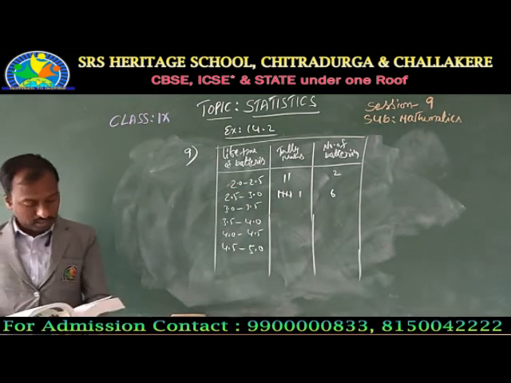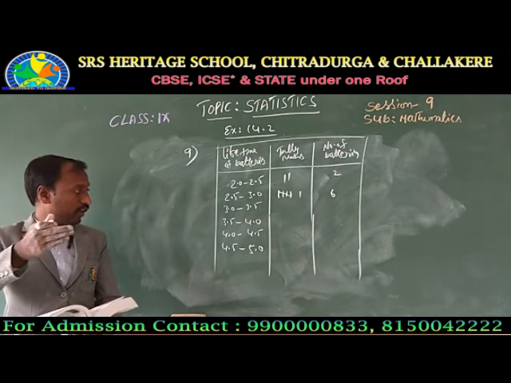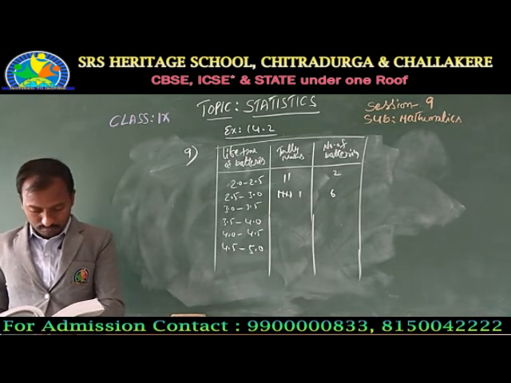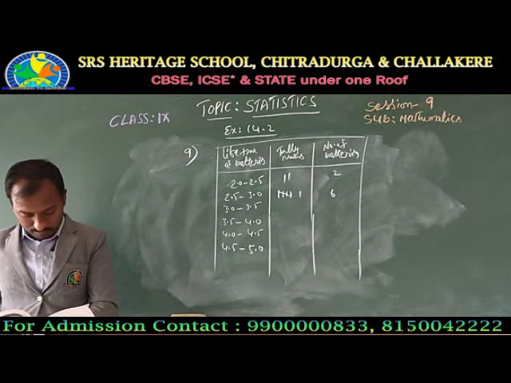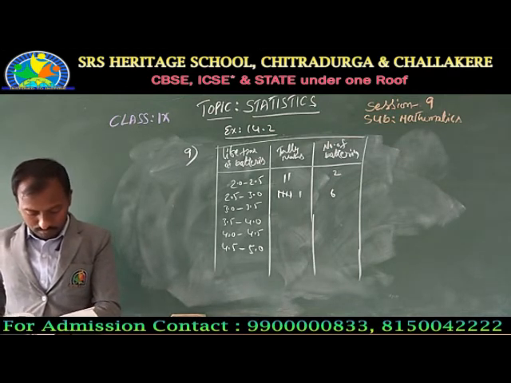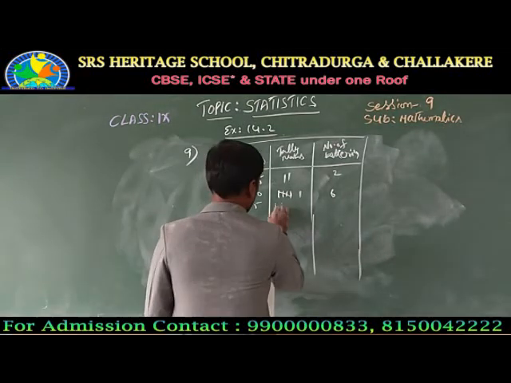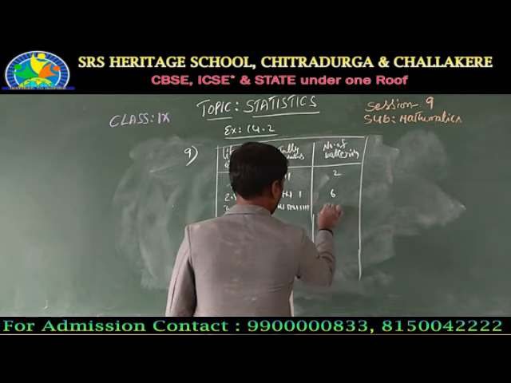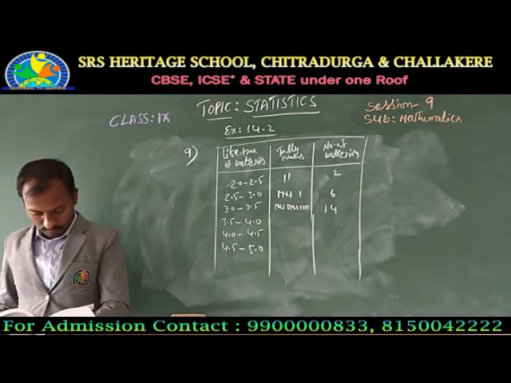3 to 3.5. 3 is counted there itself, 3.5 is not counted here, it is counted in the next interval. 3 to 3.5 there are many. How many? There are 14. 3.5 to 4, here also more.